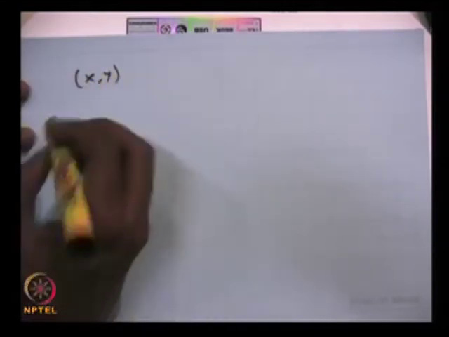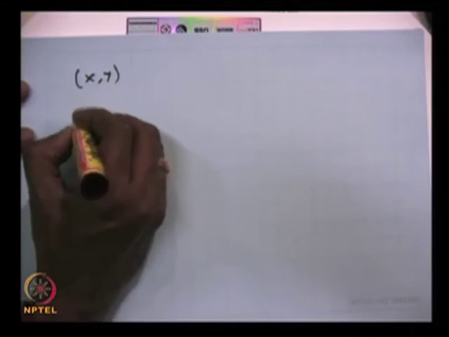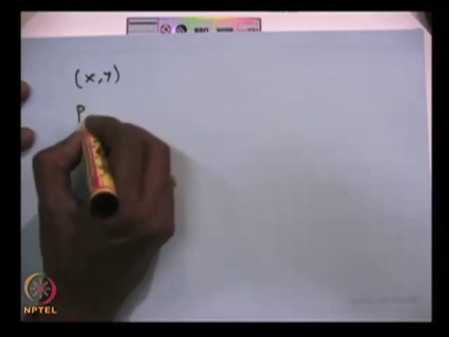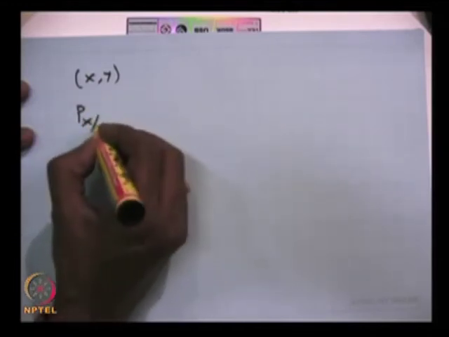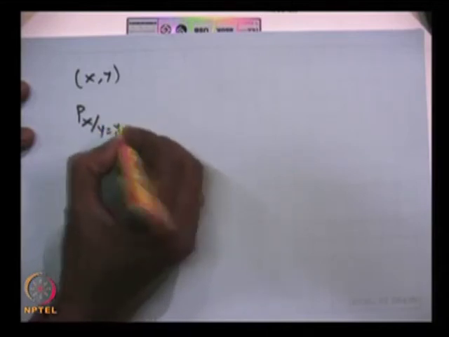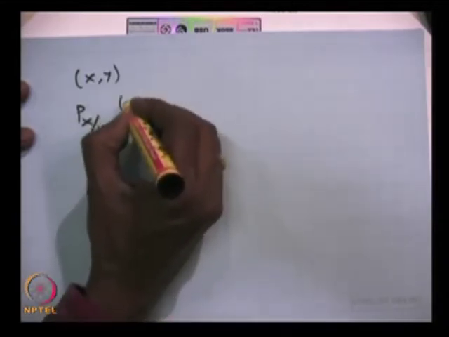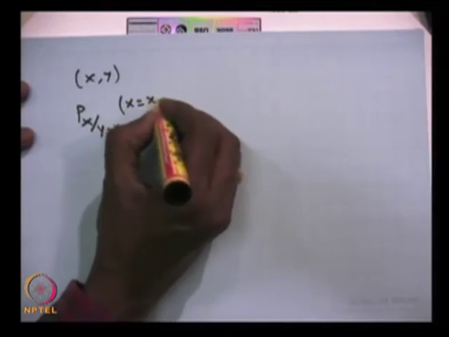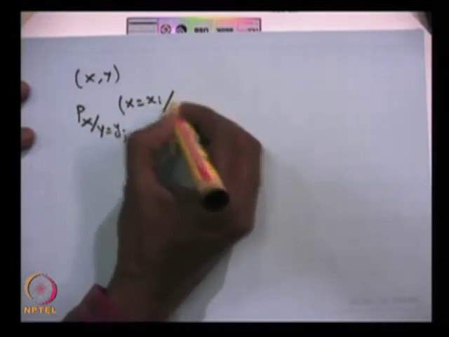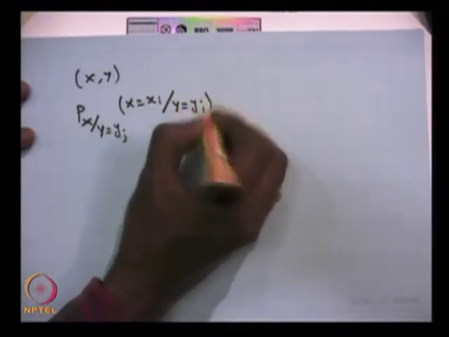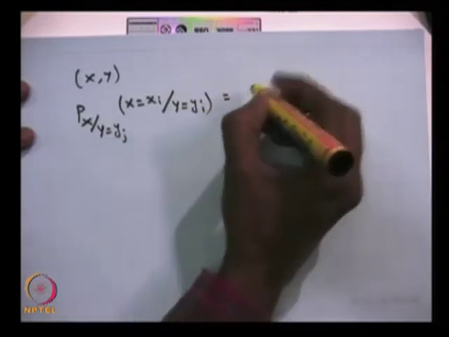both are discrete type random variables, then I can define the conditional distribution of the random variable X given that Y takes some value yj, where X takes the value xi, given that Y takes a value yj.